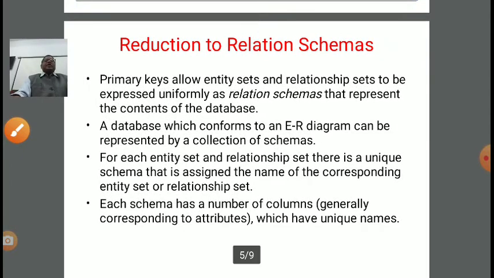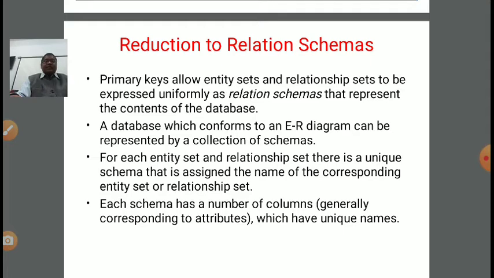Now next is, if we want to remove the redundancy, or if we want to reduce our relational schema, then how to do that? The primary key allows entity sets and relationship sets to be expressed uniformly as relation schemas that represent the contents of the database, right? With the help of the primary key, entity sets and relationship sets, we can do this.